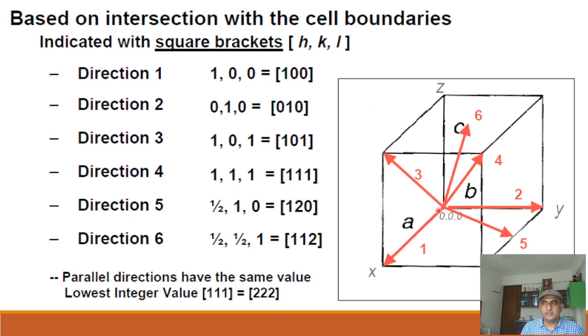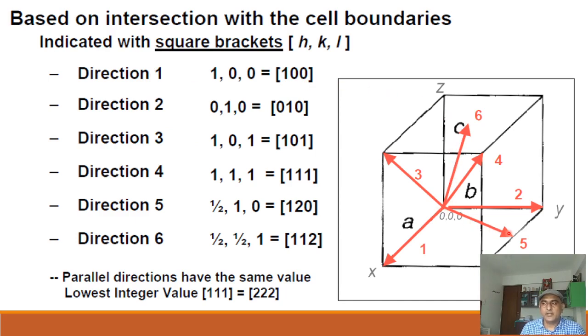See here, this is one line. What are the coordinates here? 1 along the x-axis, 0, 0, and this represents the direction [1 0 0]. These are examples of what the indices are for a particular line.